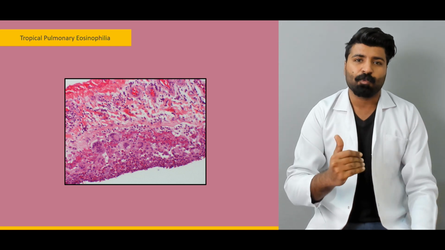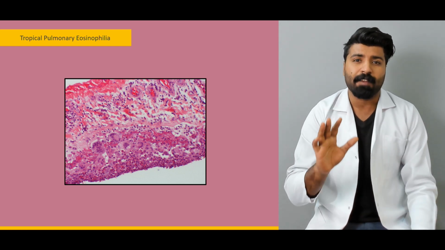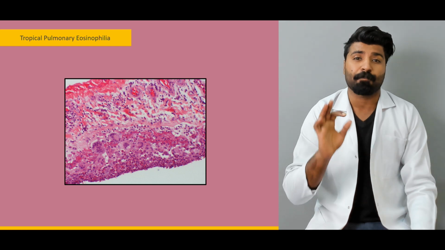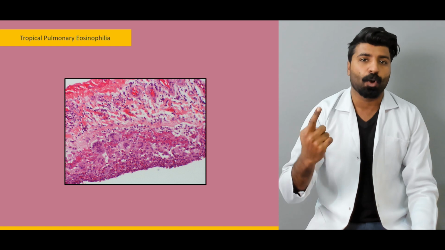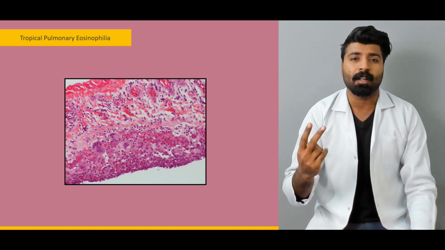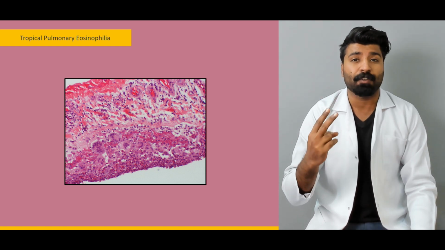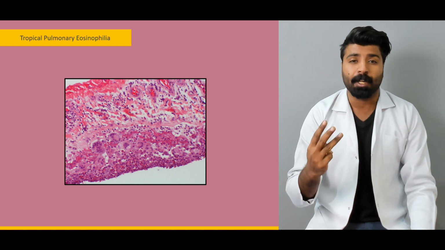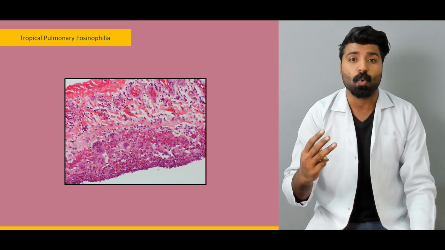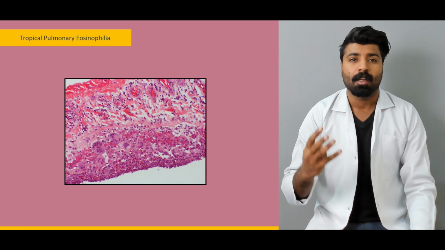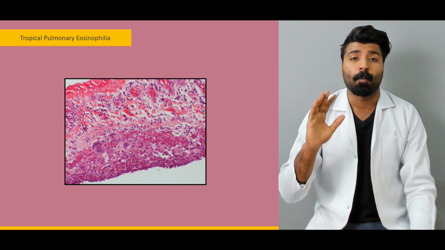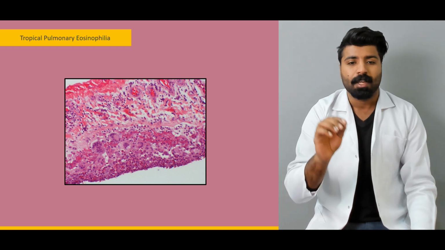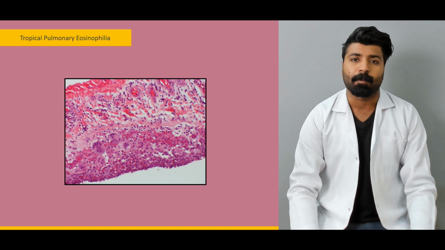So the scientists divided them into 5 subcategories of pulmonary eosinophilic pneumonias. First being the Loffler syndrome, second being chronic pulmonary eosinophilia, third being pulmonary eosinophilia due to asthma, fourth being polyarteritis nodosa, and fifth and the most basic that we're going to study right now is tropical pulmonary eosinophilia.